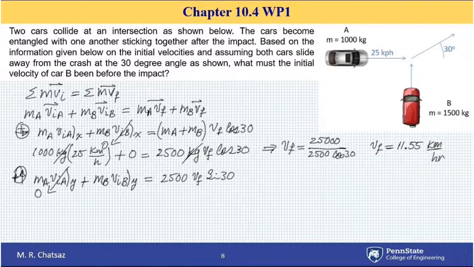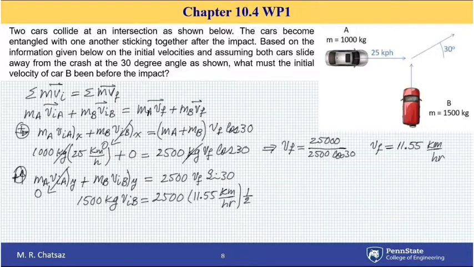So if I plug in the numerical values, mB has a mass of 1500 kilograms, VIB is to be determined. Then I have 2500 times the final velocity of 11.55 kilometers per hour times sine of 30, which is 1/2.